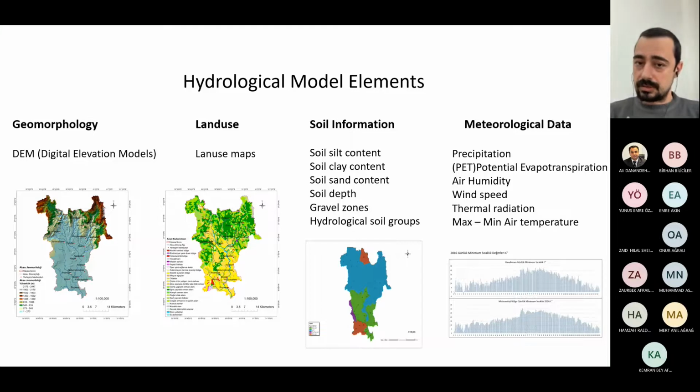If you are looking at this situation, the resolution of data should be really small, like at least 1 hour resolution meteorological data. Because let's say 150 millimeters of precipitation occurring in just 10 minutes is a disaster. You will see a flood. But if that is precipitating over 1 day, nothing happens. So the resolution of the data is very important.